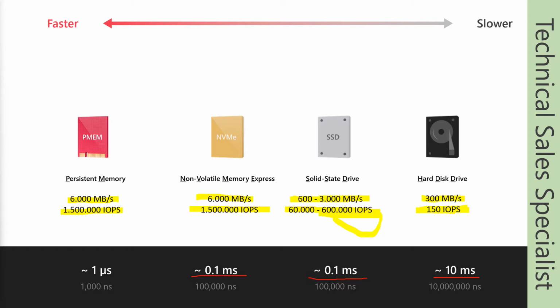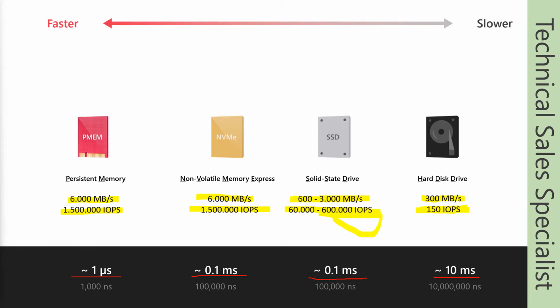It's already ultra fast because the persistent memory is equipped in a memory slot of the main board. We have a shorter path to the CPU, and the persistent memory has something like 1 microsecond. So it's the fastest memory, the fastest storage we actually can get in these persistent memory modules for a Storage Spaces Direct configuration with Azure Stack HCI.